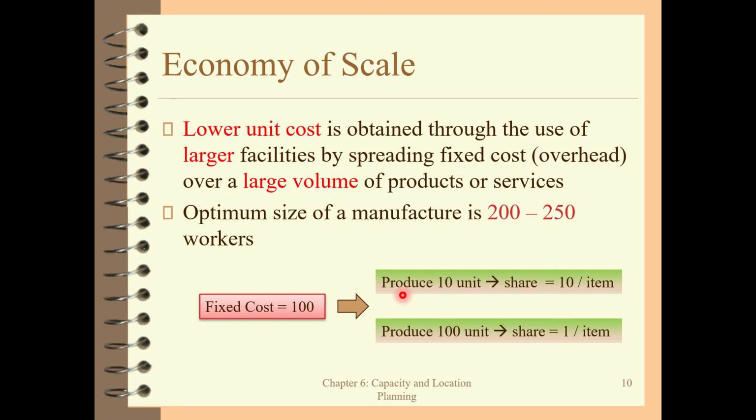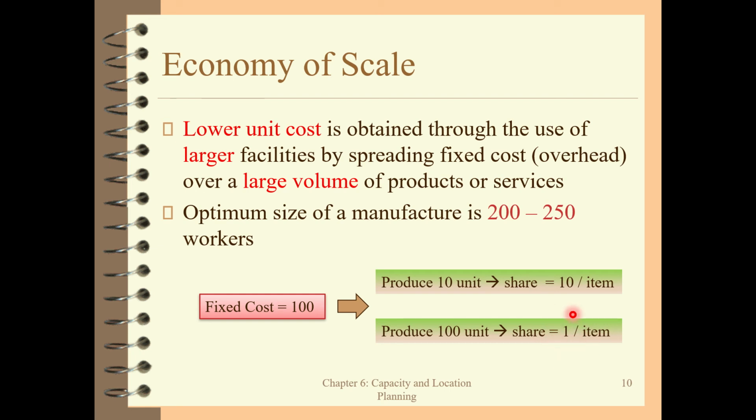If you produce 10 units, the share per item is 10, right? But if you produce 100 units, the share per item is 1. So the more product you produce, the lower the per unit share of the fixed cost will be.